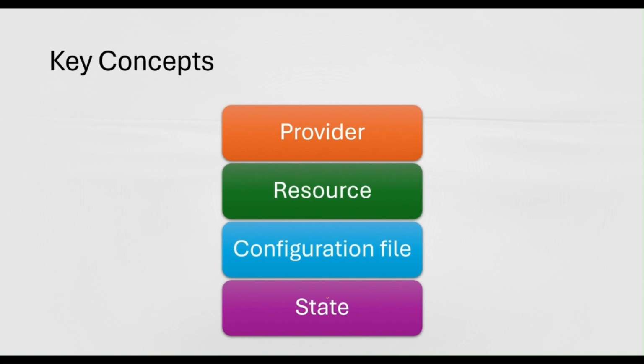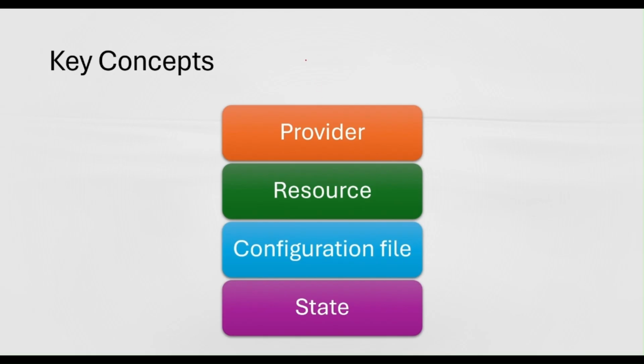So whatever you apply using your Terraform template, Terraform remembers it and keeps it in a state file. Understanding at least these four concepts will help you as we move along to provisioning our resources through Terraform.